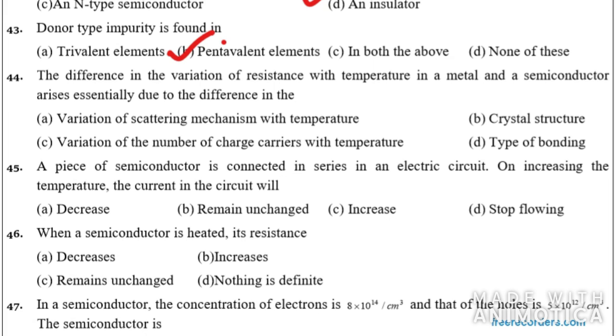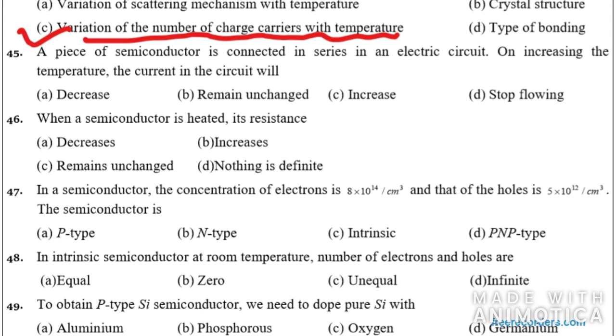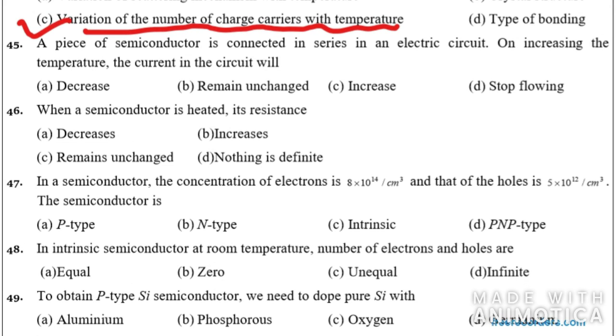So the difference arises due to the variation of number of charge carriers with temperature. Now moving on to the next. A piece of semiconductor is connected in series in an electrical circuit. On increasing the temperature, the current in the circuit will decrease, remain unchanged, increase, or stop flowing. So the right option for this is will increase.